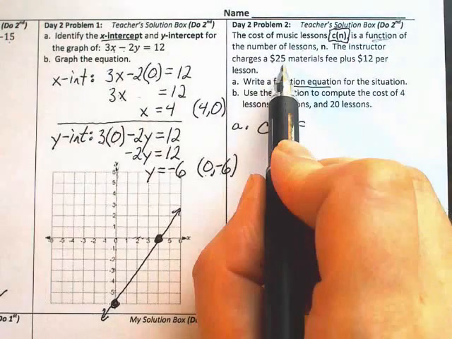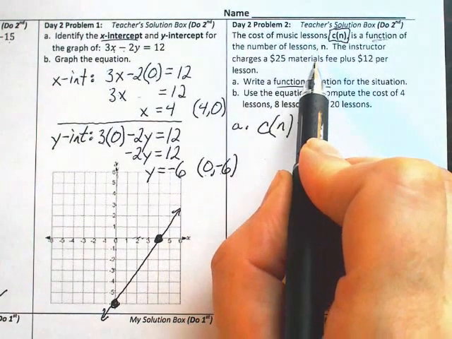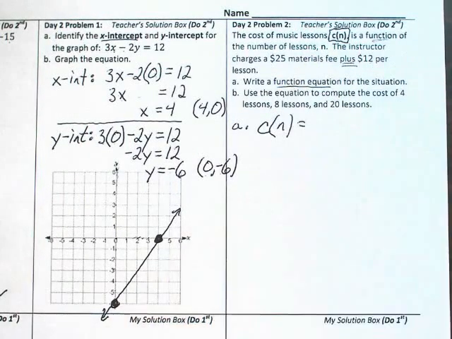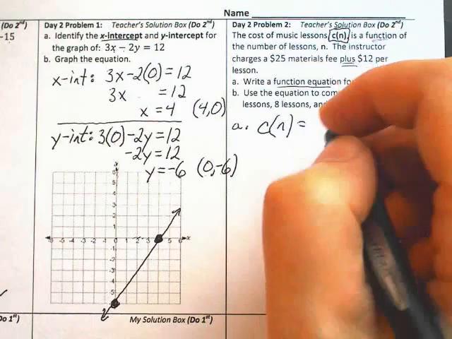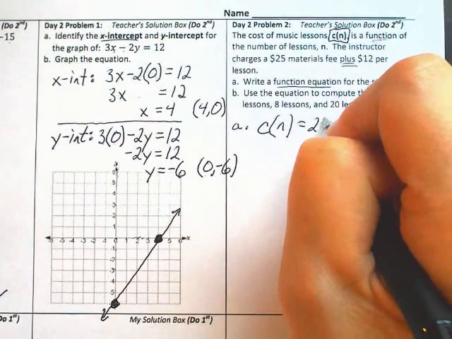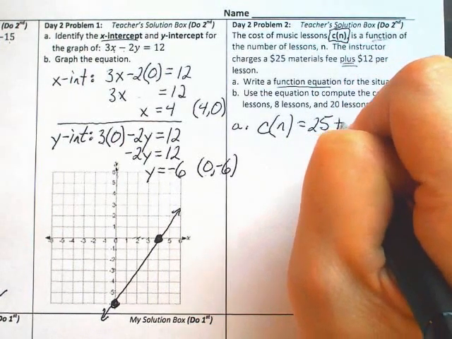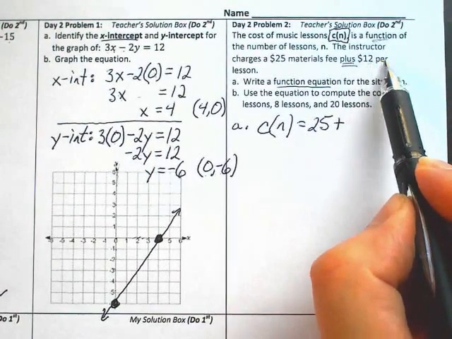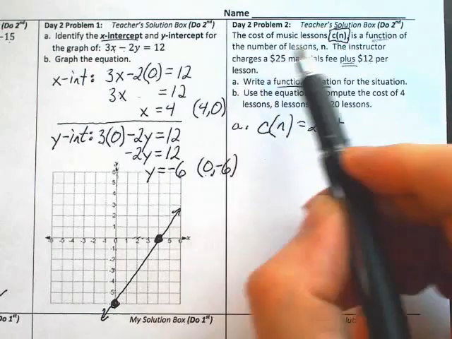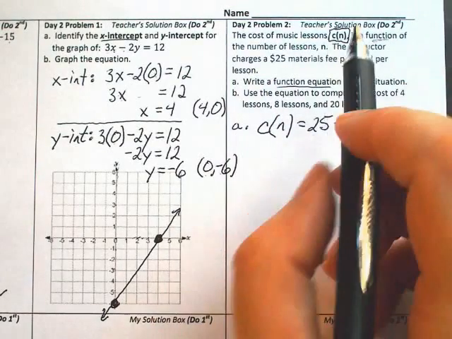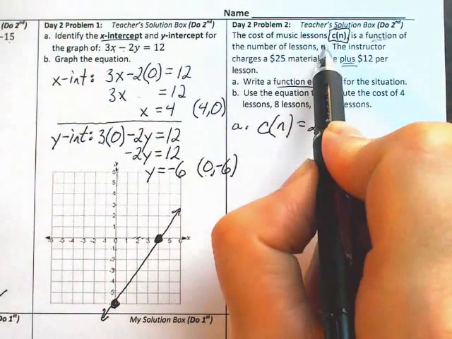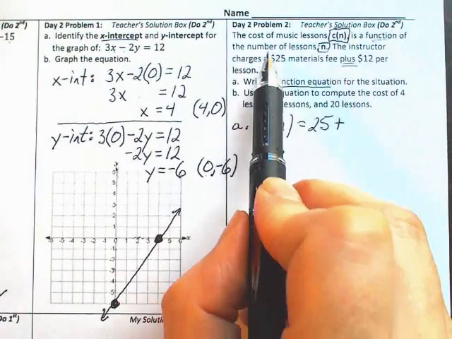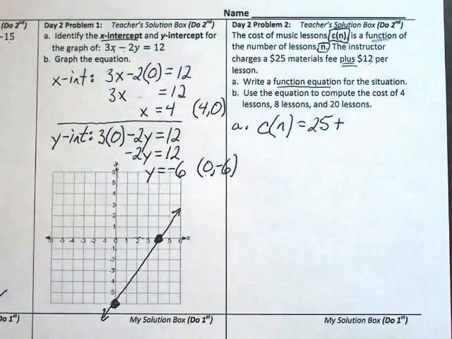Now, the instructor charges a $25 materials fee plus $12 per lesson. Now, we can write that in symbols like this. $25 plus, and now we want to show in symbols $12 per lesson. Now, in this problem, it told us that we're going to use the variable n to count the number of lessons that we pay for.